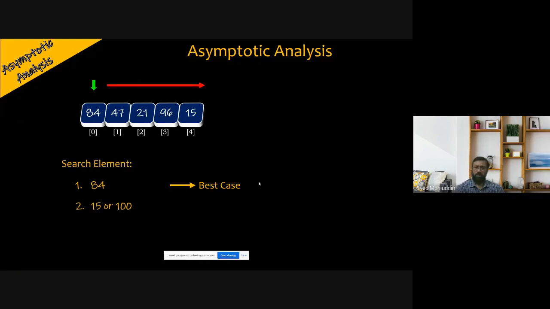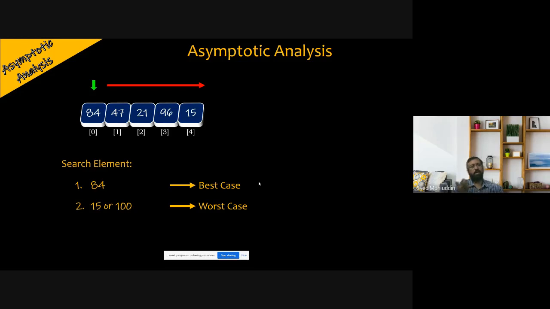It's not the first element, so I have to search the rest of the elements, every other element until I find 15. Here I have 15 as the last element, so I have to search the entire array. Now here there are only 4 elements, but suppose you have n elements, you have to search all n elements. So 15, I found it at the last position. Now suppose it was 100 I'm trying to search.